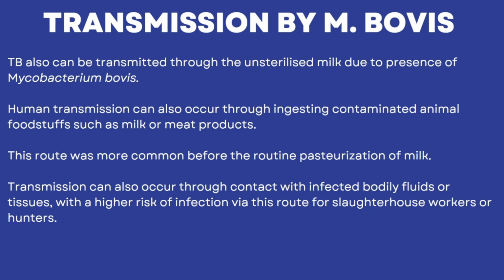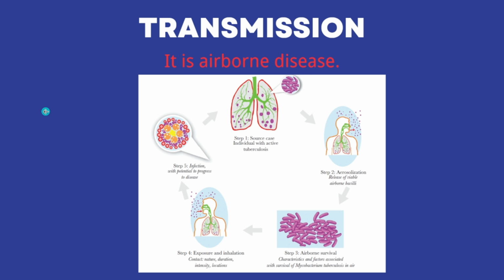So normally TB has been called, quite justifiably, a disease of overcrowding, highlighting the transmission of TB. TB normally happens in highly populated areas, because it's an airborne disease. If it is a very crowded, populated area, it is very easy for it to spread.